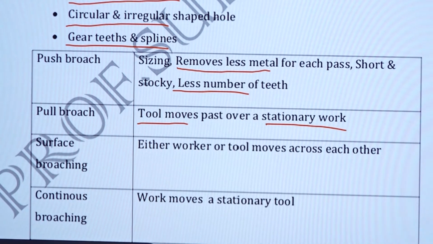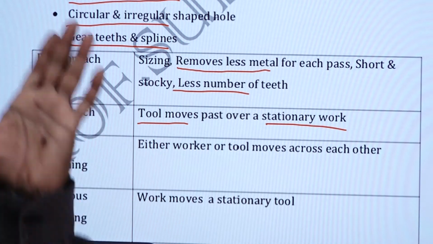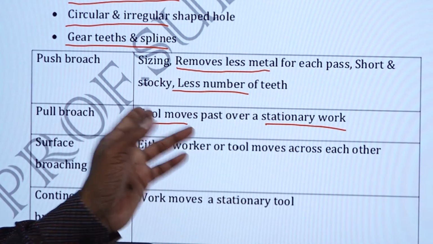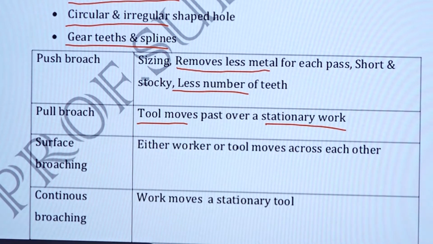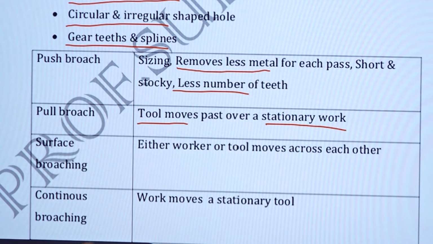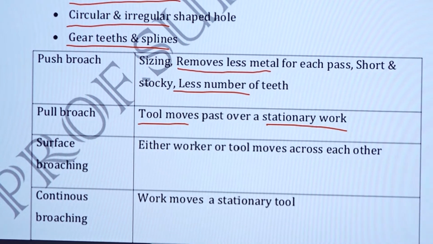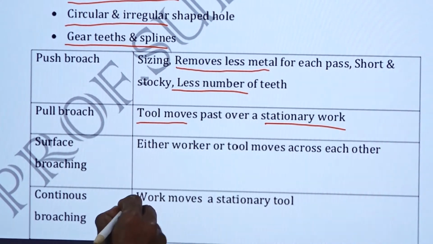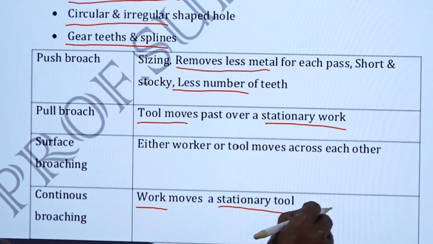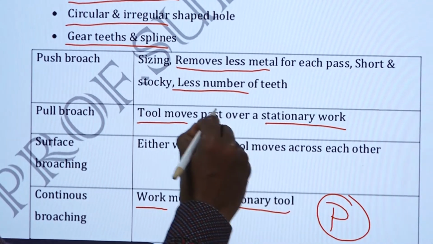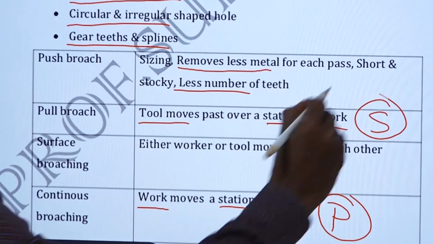Surface broach: the work and tool move over each other. Continuous broach: the work moves over the stationary tool. Remember, continuous broach is like the planer, and pull broach is like the shaper.